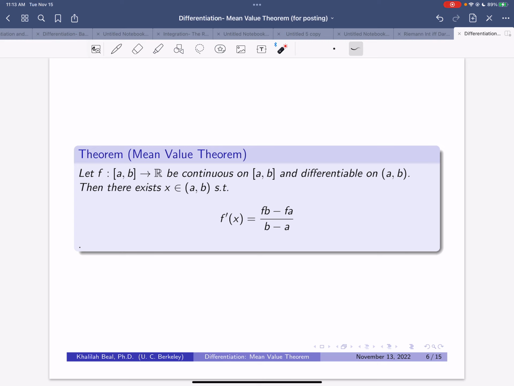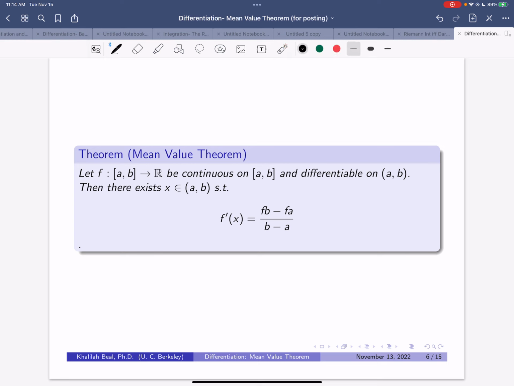You have a function that's defined on a closed interval [a, b]. The function is continuous on its domain and differentiable on the interior of its domain. The claim is that there exists some point in the interior of its domain whose derivative is equal to (f(b) - f(a)) / (b - a).